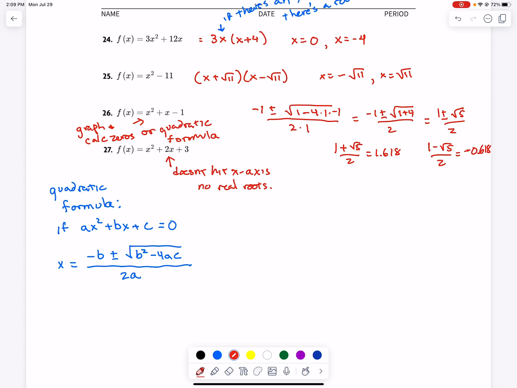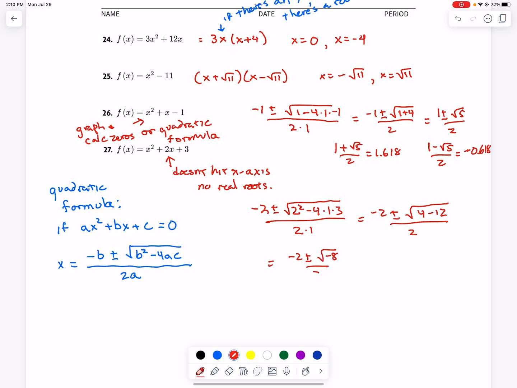So we have to do the quadratic formula. It's going to have imaginary roots, so expect that. There's the imaginary because oops, let me fix that, it's horrible.